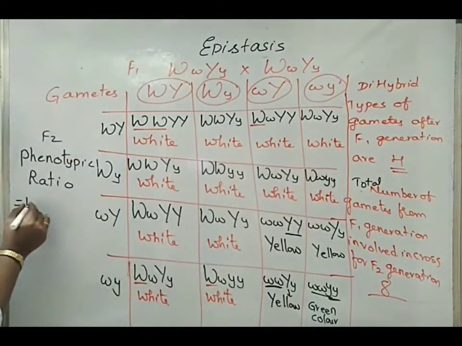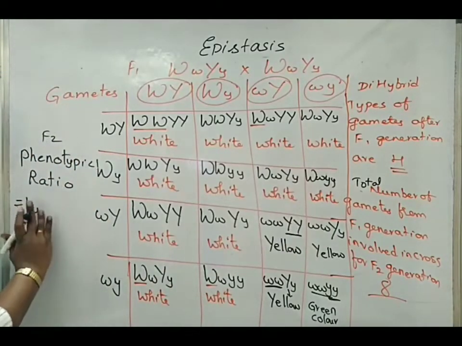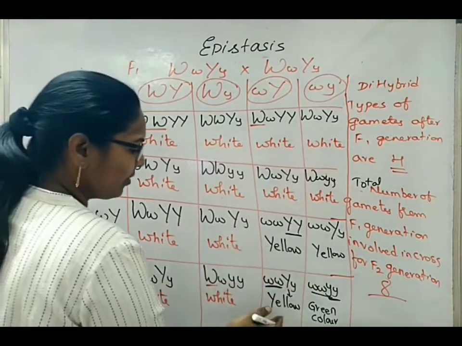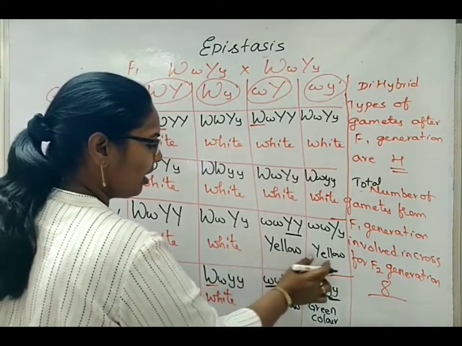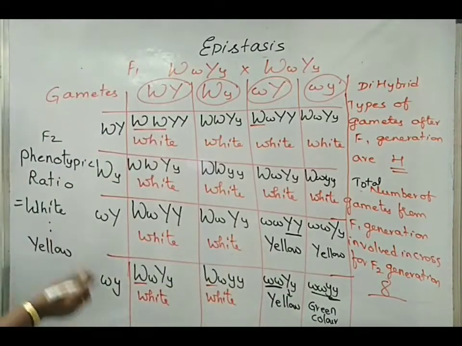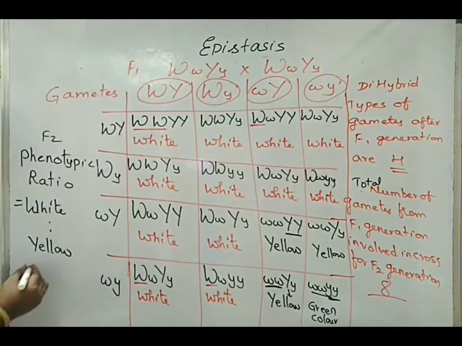So 12 are white in color. Are there any other phenotypes? Yes, yellow. Yellow are 1, 2, 3. Now another third type of color we are also seeing, that is green color.